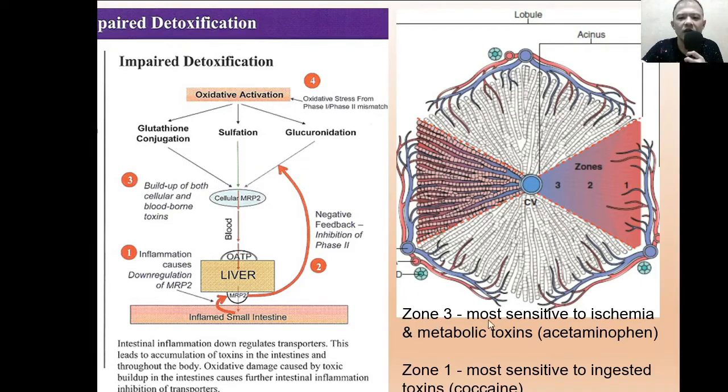Zone 3, which is the farthest from the hepatic triad and the nearest to the central vein or the hepatic vein, is the most sensitive to ischemia and metabolic toxins.